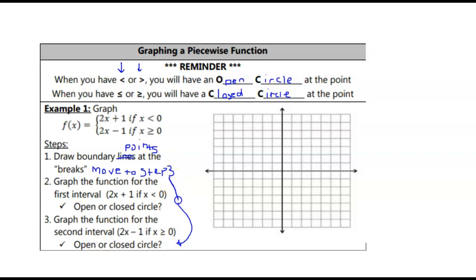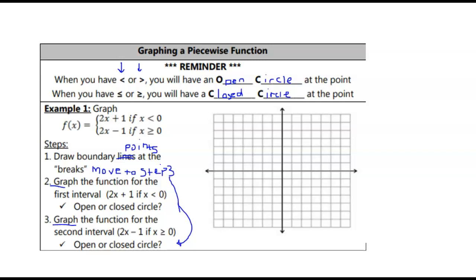So we're going to go right on to step 3, and then we'll go back up to step 2 and step 1, where we graph the line for the given interval. Basically, when you graph piecewise functions, graph your boundary points first, then graph the pieces of the function. So graph the intervals of the function.